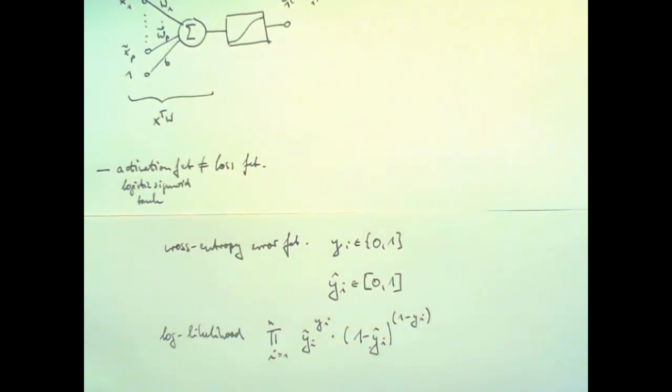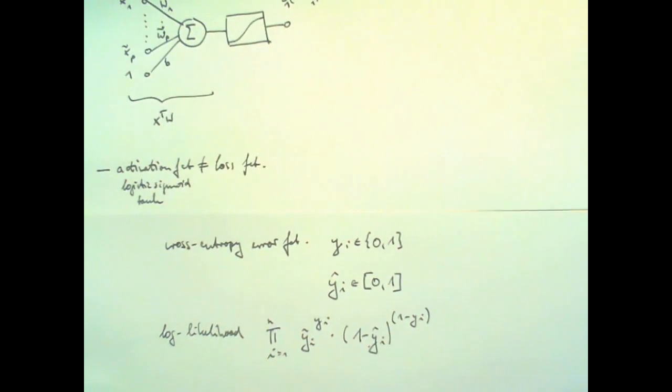So if the true label is 1, then I want my prediction to be as large as possible. And if the true label is 1, then this whole thing here will contribute nothing. It won't change my product. This will just multiply with 1. Whereas if the true label is 0, then I want this expression to be as large as possible, which seems to be right.